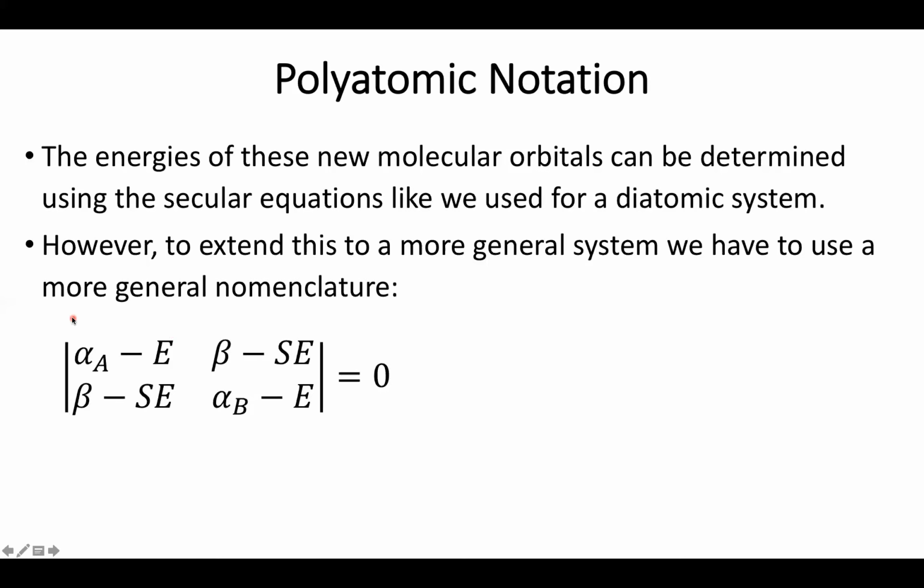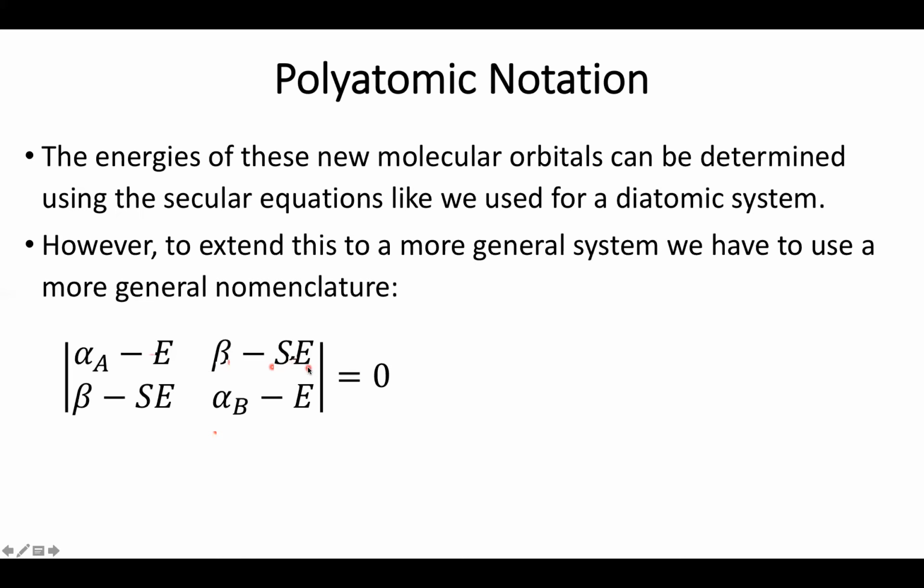This was the set of equations we used to solve for our original energies of a diatomic system. So what I have presented here is a heteronuclear diatomic system where I have my two starting atomic orbital energies, the resonance integral, and their overlap integral. And from these, we can determine the possible energies for our orbitals.